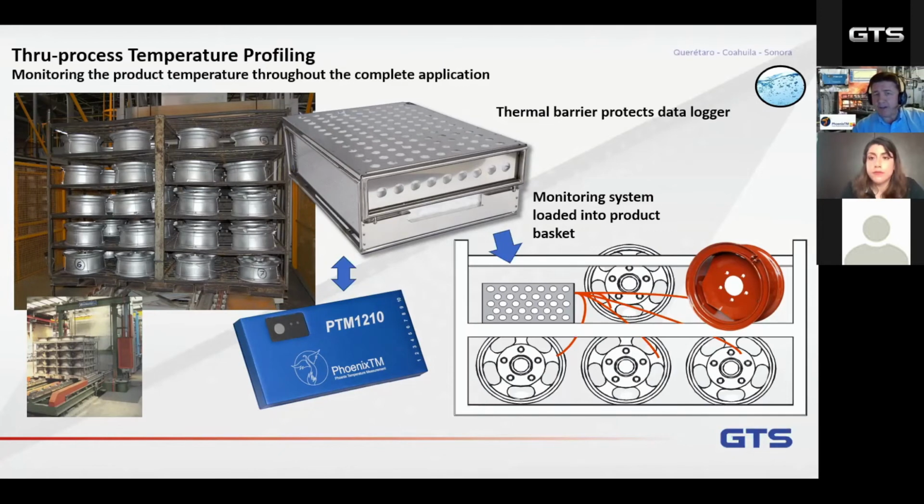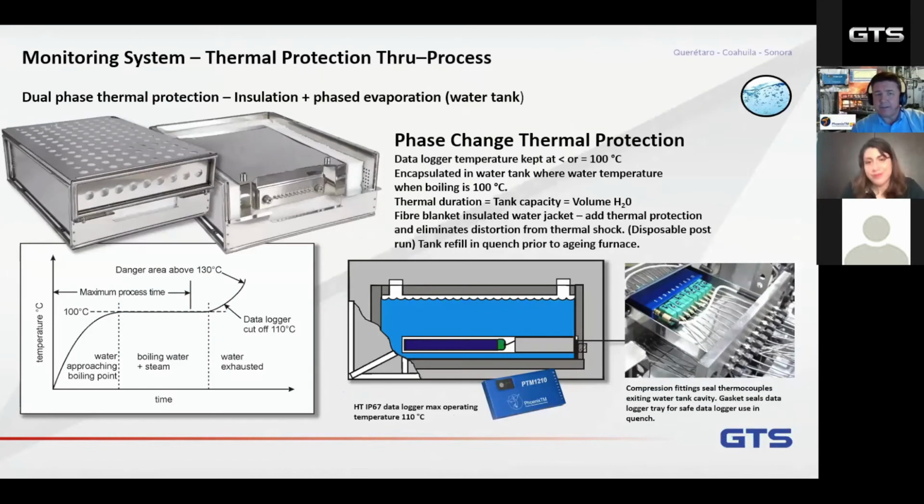Now, the question is, what's happening in this thermal barrier? How do we get the thermal protection to achieve 500 degrees for 4 or 5 hours? What we use is a very simple but effective approach using the phase change of water. So the data logger is contained inside a water tank.